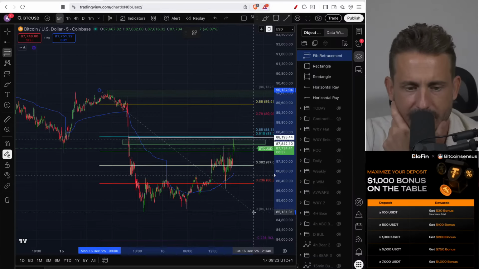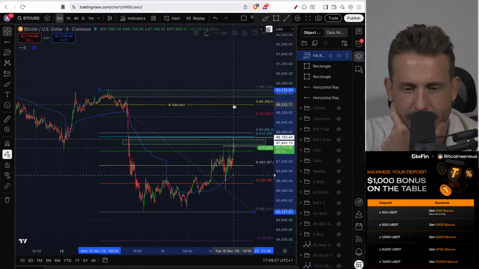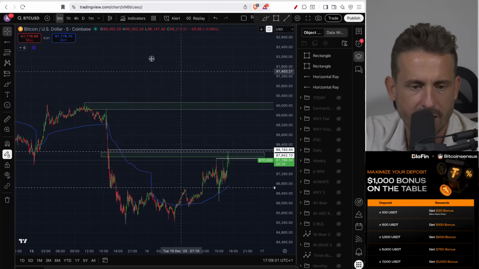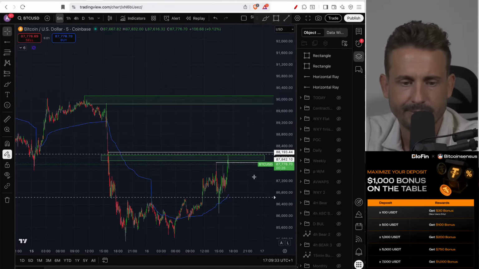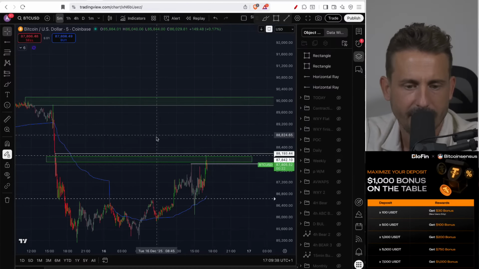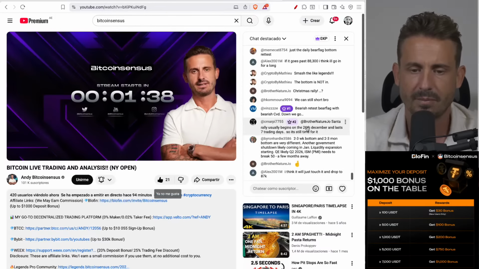Yeah, golden pocket not even hit. Let's see. Nice little scalp for the day. Let's see if we get that high being taken. The alert is there. Let's go.